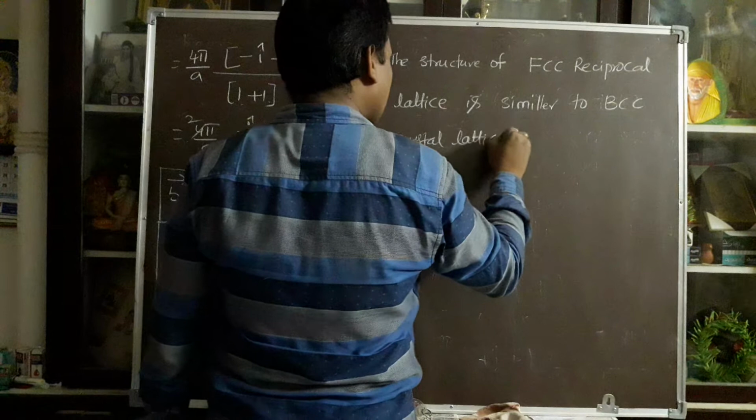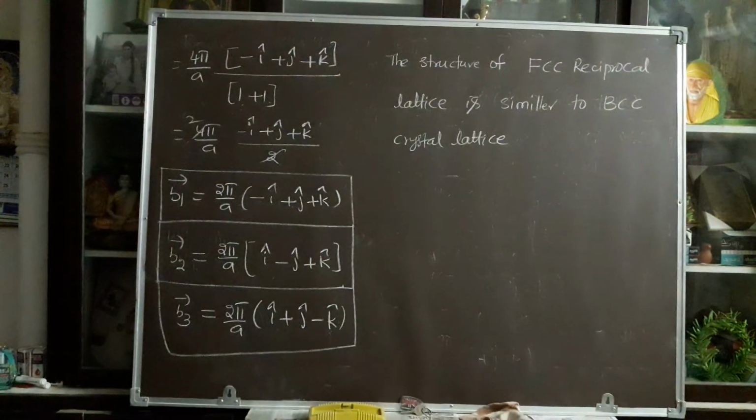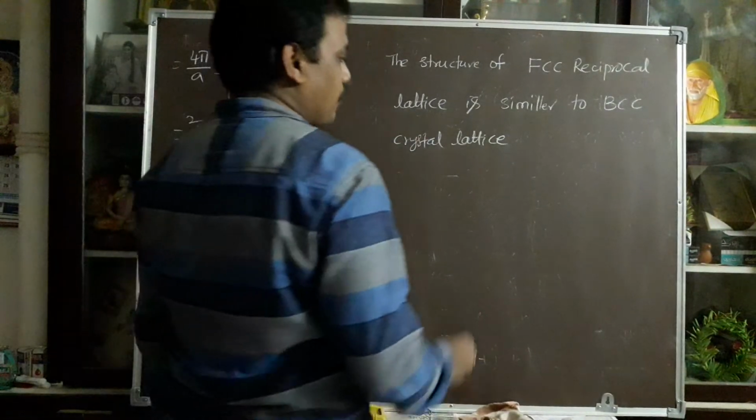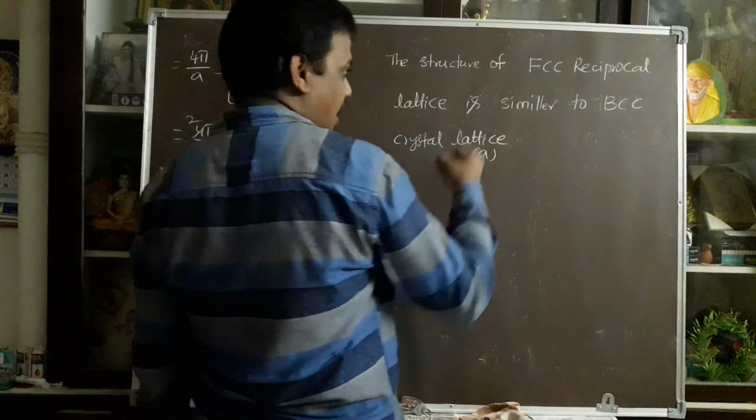The normal BCC crystal lattice and the FCC reciprocal lattice are both equal. But in the crystal lattice, the lattice constant is taken as A, whereas in the FCC reciprocal lattice, the lattice constant is 2 pi by A.